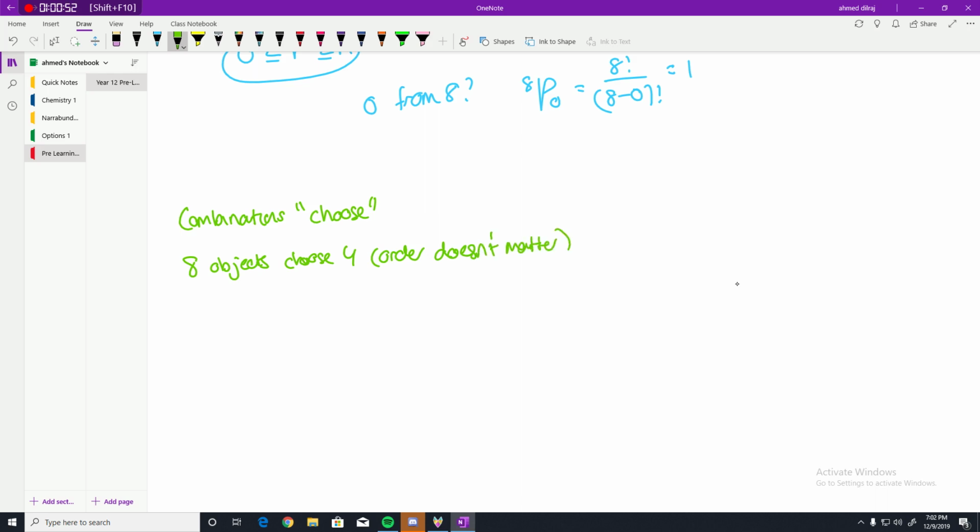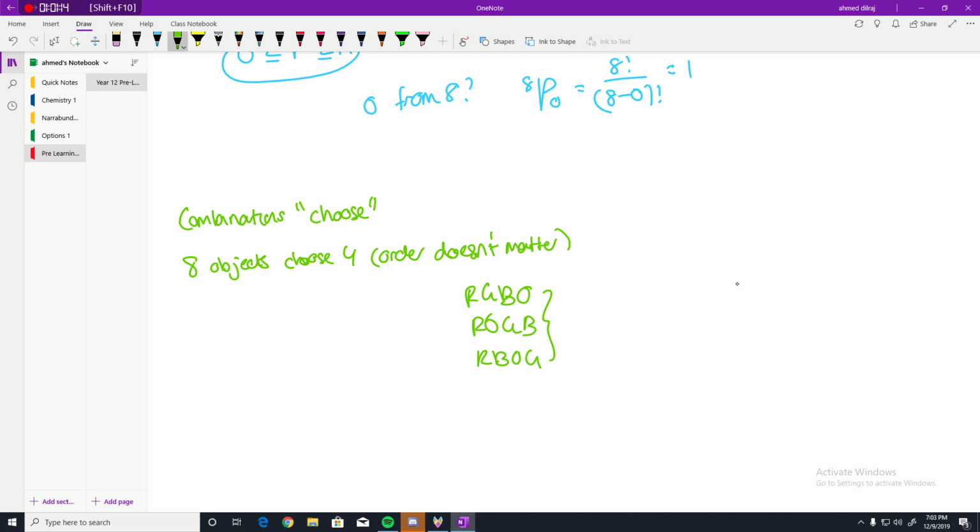Order doesn't matter. For example, from my 8 colored markers, I could pick 4 markers: red, green, blue, orange, or red, orange, green, blue, or red, blue, orange, green, right? They all don't matter because at the end of the day, I still picked up those same 4 markers.